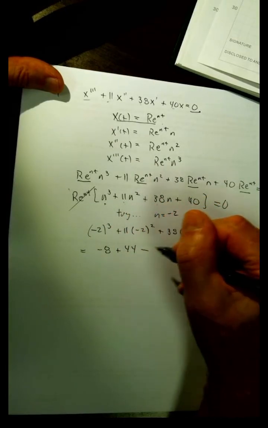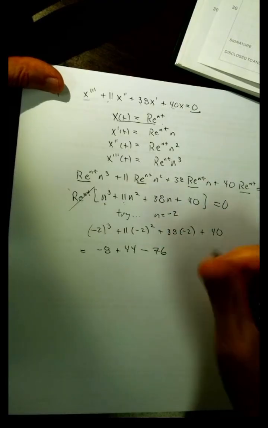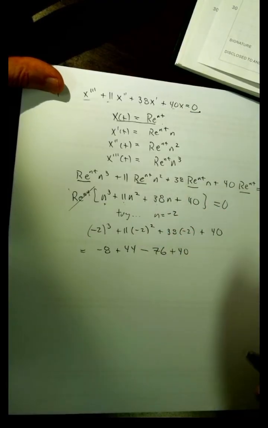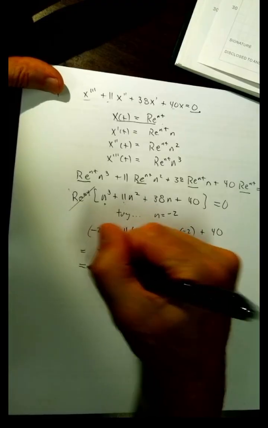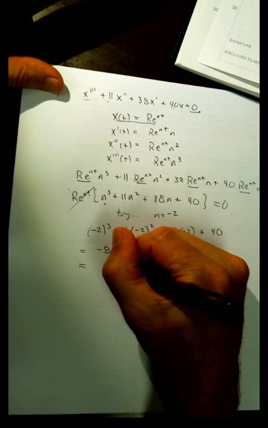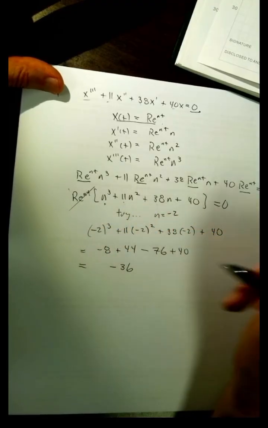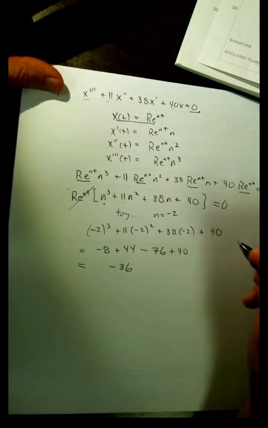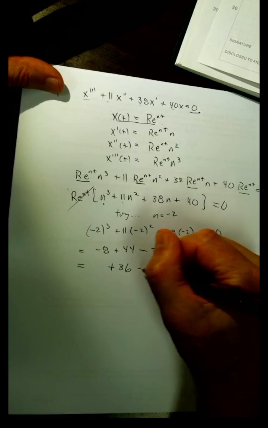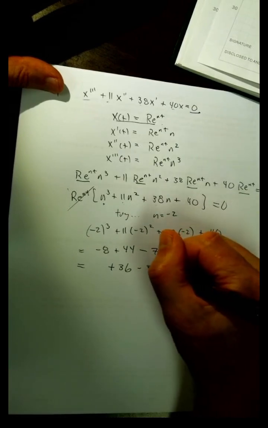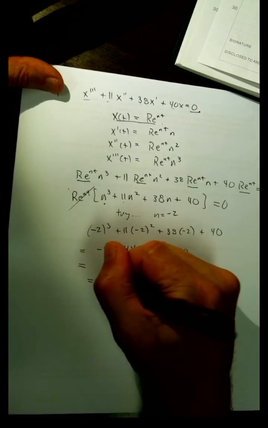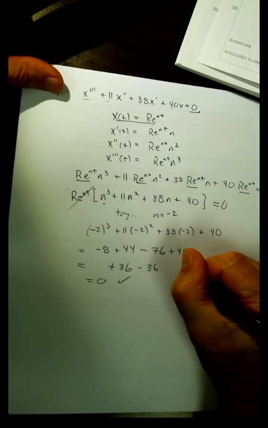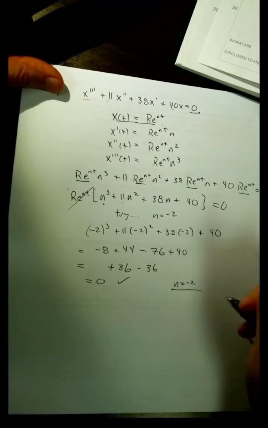Minus 2 times 38 is minus 76, plus 40. So minus 8 plus 44 is 36. Minus 76 plus 40 is minus 36. Plus 36 is 0. So n equals minus 2 works.